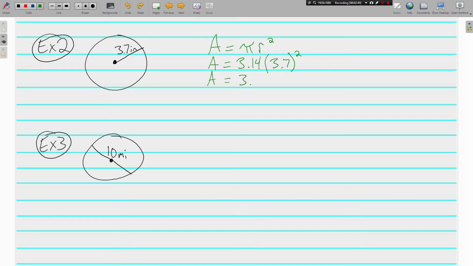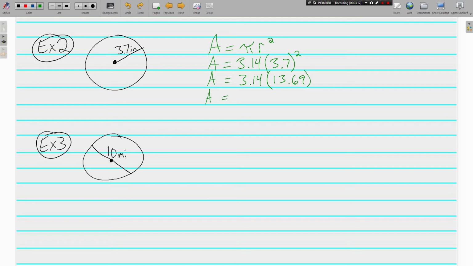And we're going to do that first. 3.7 squared is 13.69. Your instructions a lot of time are going to be to round to the nearest tenth, but we're not going to round anything until it's our very last step. So when you put 3.7 squared in your calculator and you get 13.69, write the whole thing down.